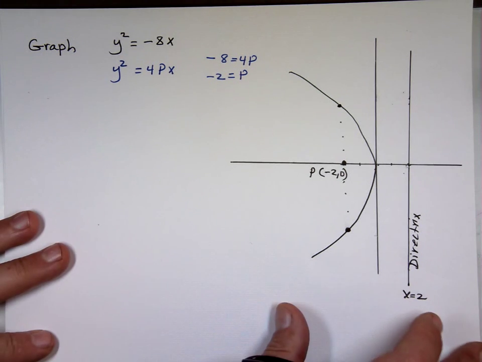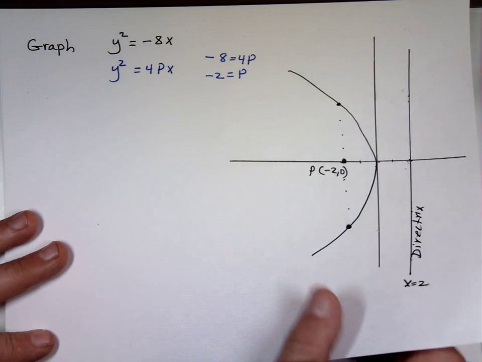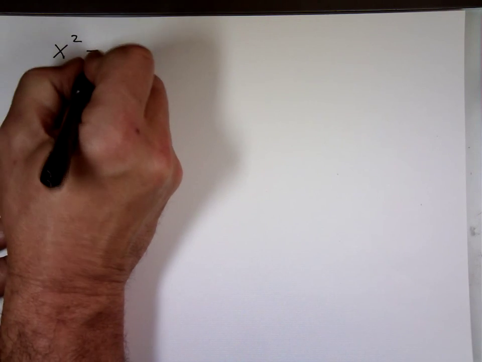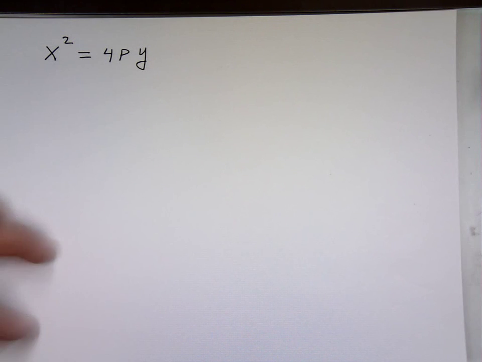One more example, maybe, then I'll give you a real life example. X squared equals 4py, x squared, not y here. So the graph is going to be up or down, it depends on p.